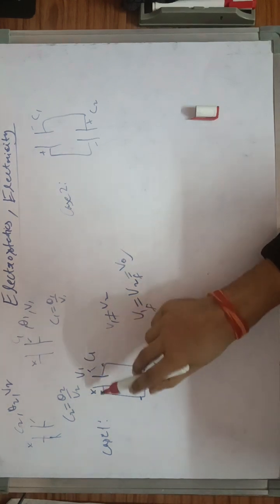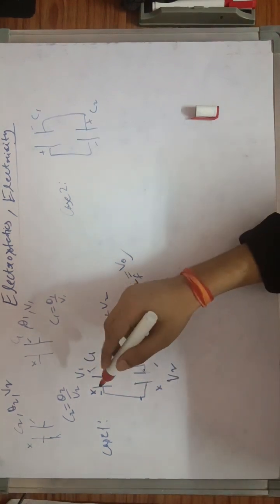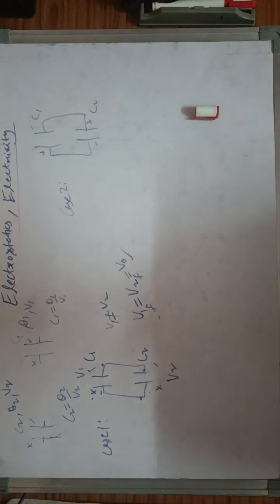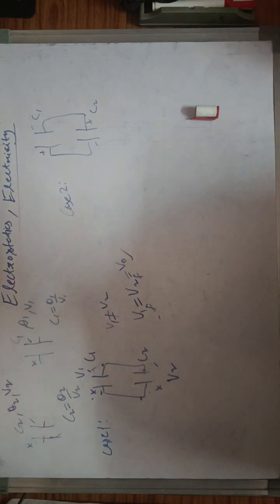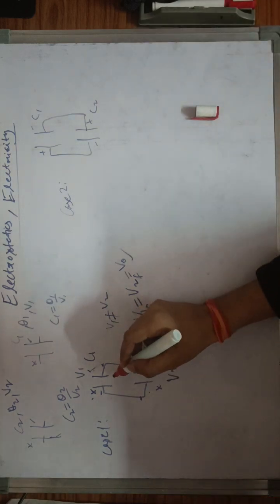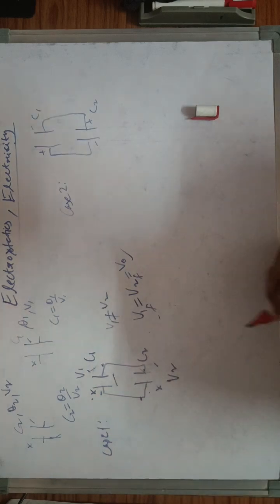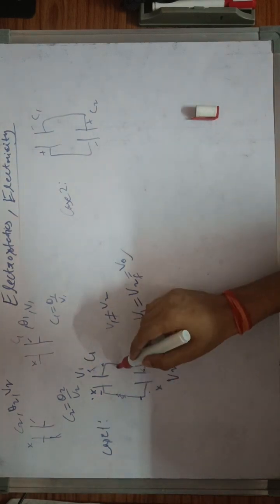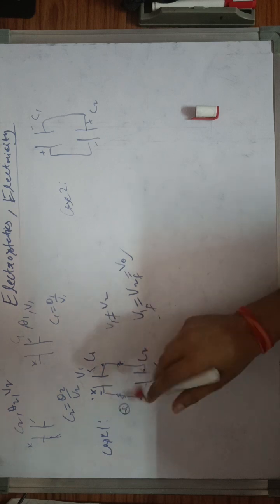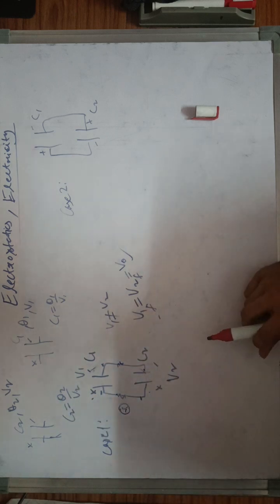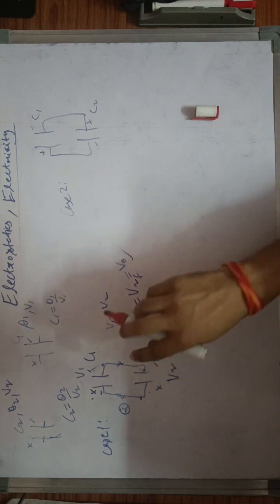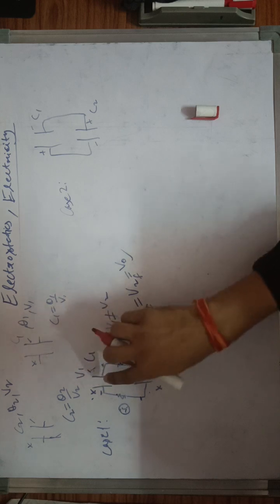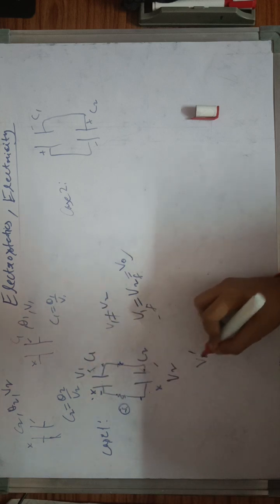And the direction of the potential difference is also important to note: positive here, negative here. So if I go from this side to this side, let's say this system has some very small resistance R, and at any instant the potential difference across this capacitor is V1 dash.